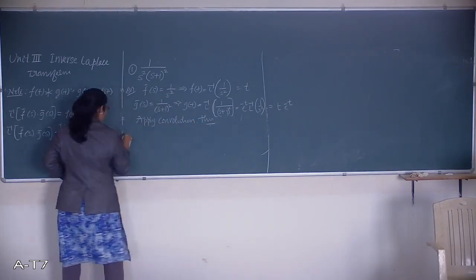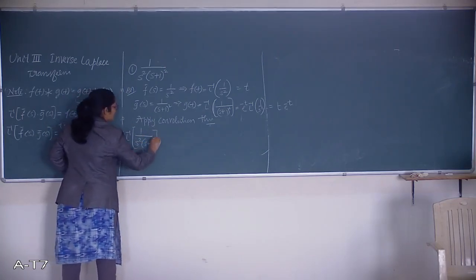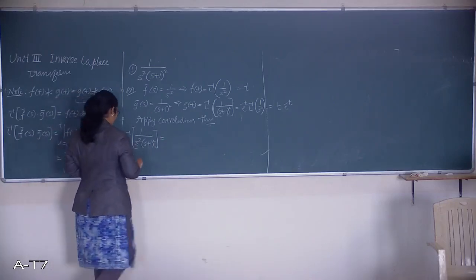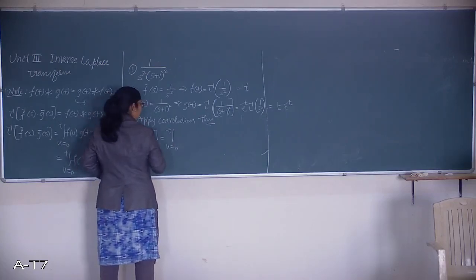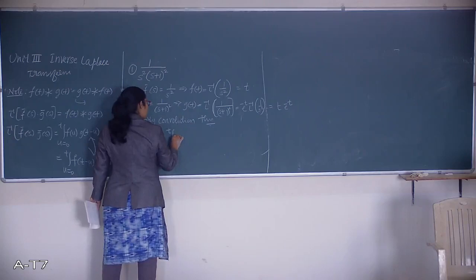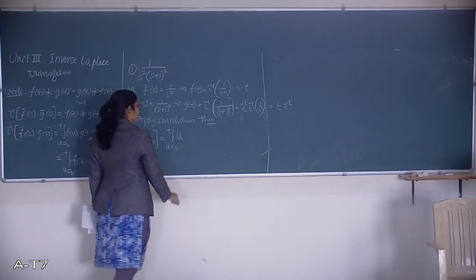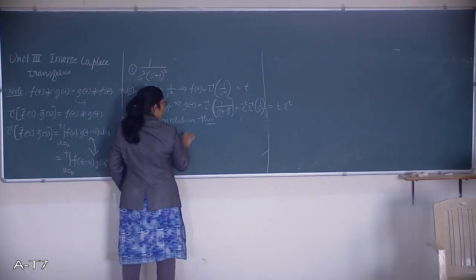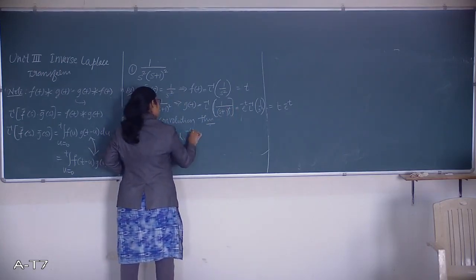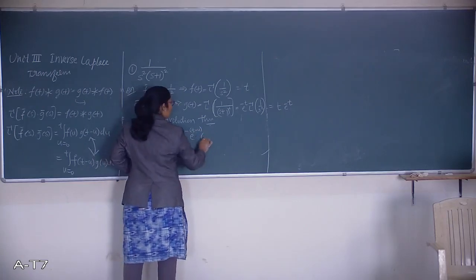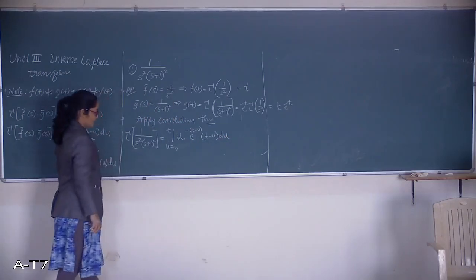I'll write this as 1 by s square into 1 by s plus 1 bracket square, that is equal to the integral, where the first one, t is there, that I can write as u, into the second one, e power minus, replacing t by t minus u, I'll write this as t minus u, e power minus u, du.